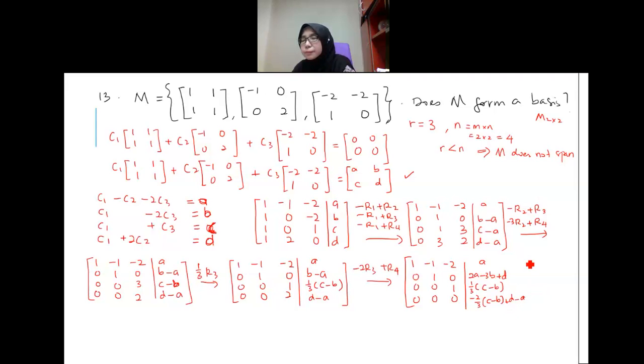Okay, so done. So it's clear that M does not span the vector space. Here it is M 2 by 2. Now why is it not spanning? Because there is a 0 row in the coefficient matrix.